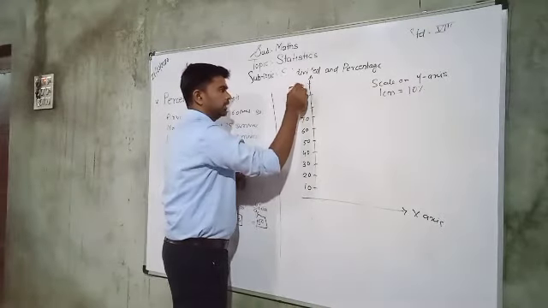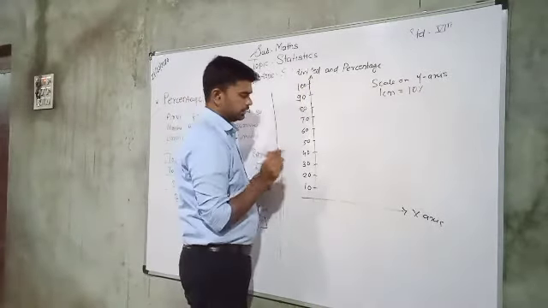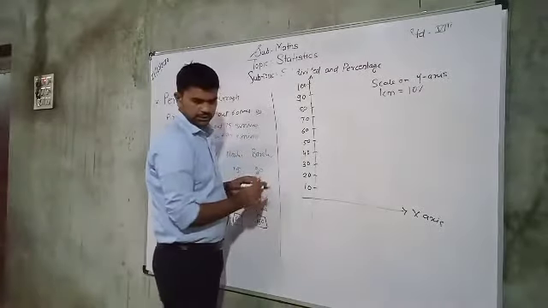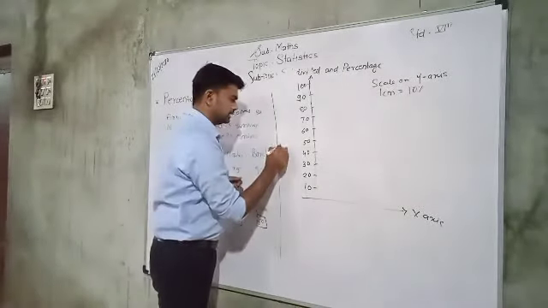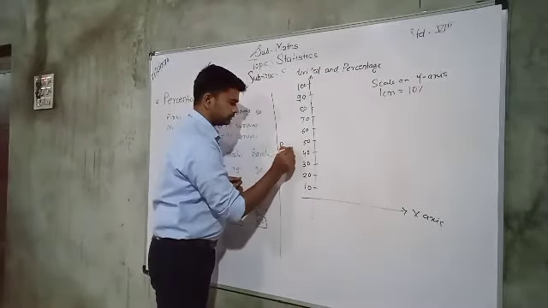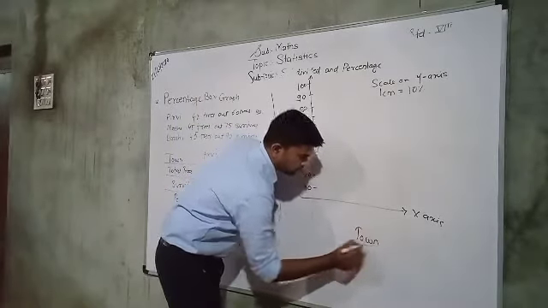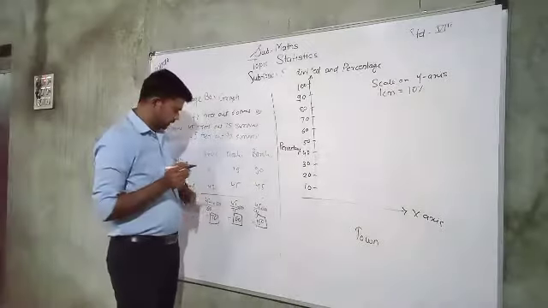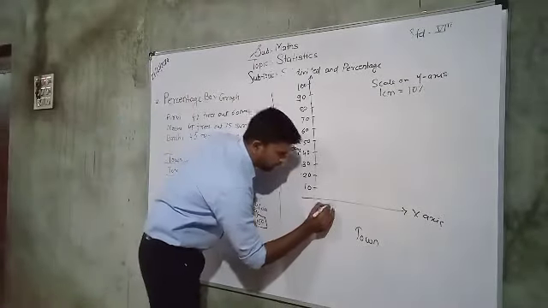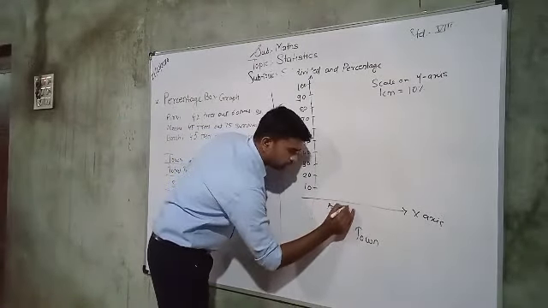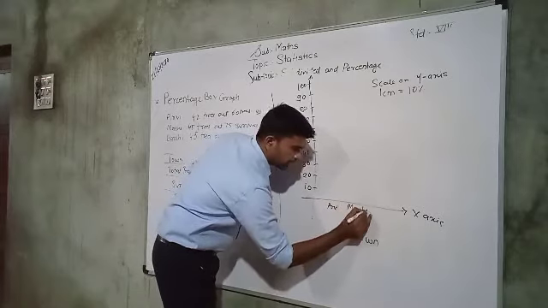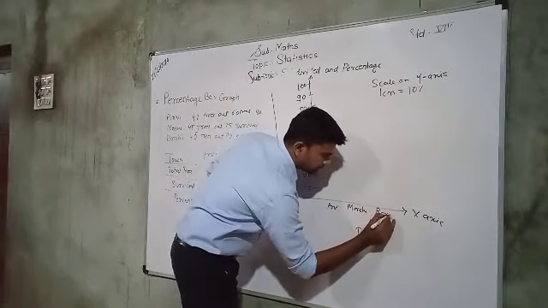This is the percentage, and this is town. How many towns are there? 3 towns: Arvi, Morshi and Barshi.